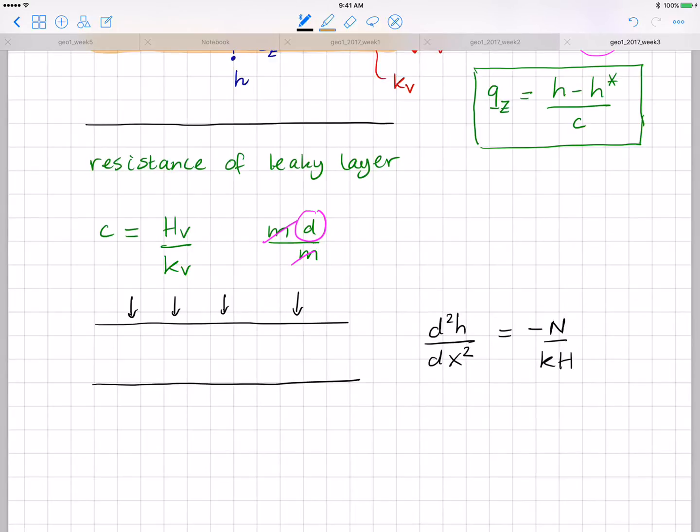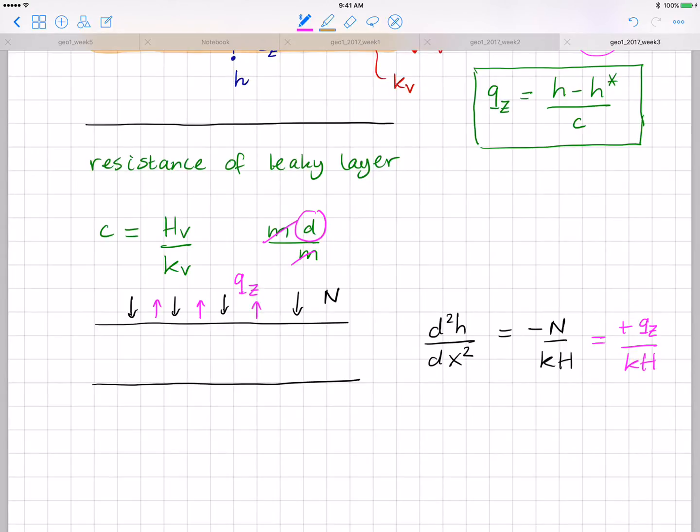The difference now is that we don't have N going into the aquifer, we have qz going out of the aquifer. So the sign convention is just opposite. So we can also write this is equal to plus qz divided by kH.